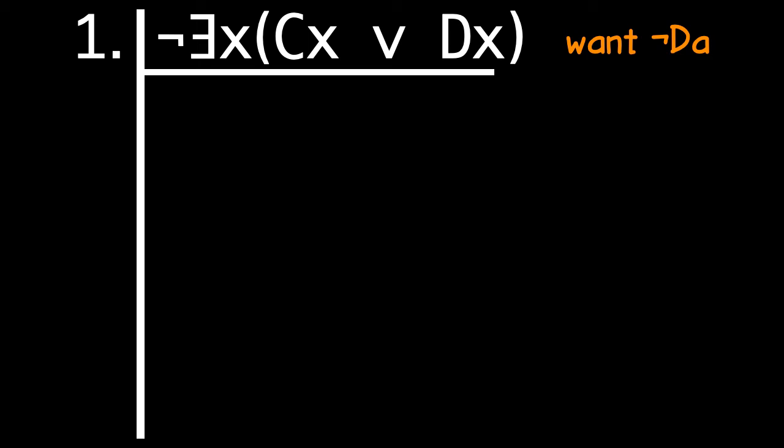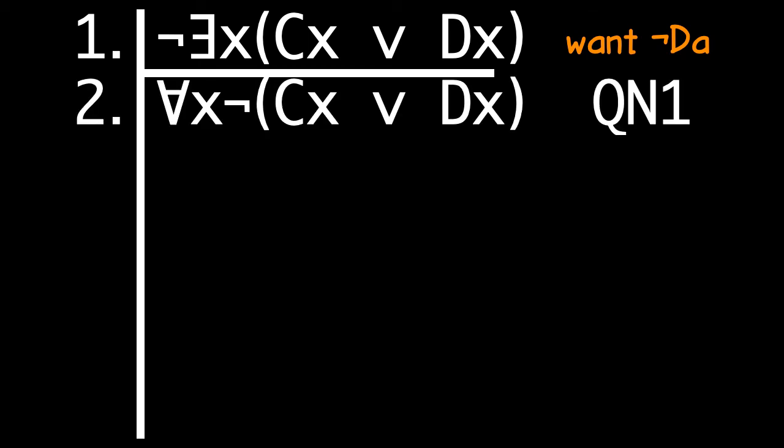You might look at the premise, line 1, and think, that's not really very useful, but I can apply quantifier negation to it and turn it into something else. If we apply quantifier negation to line 1, we get for all x, not Cx or Dx. That's the rule: quantifier negation applied to line 1.